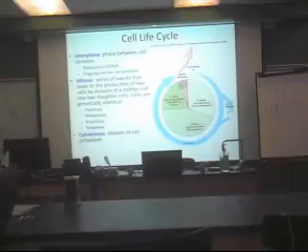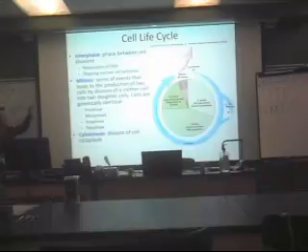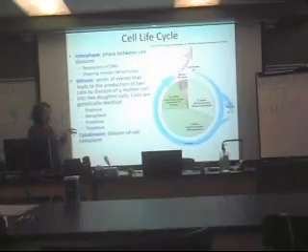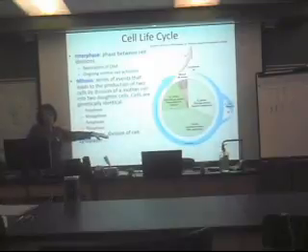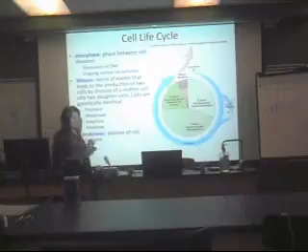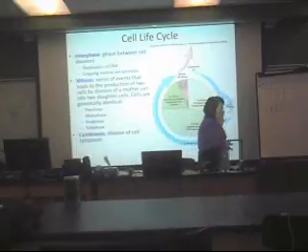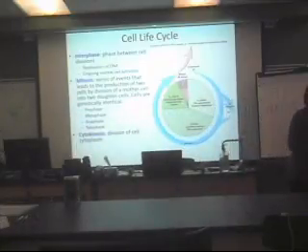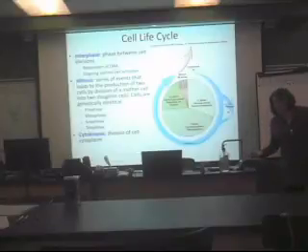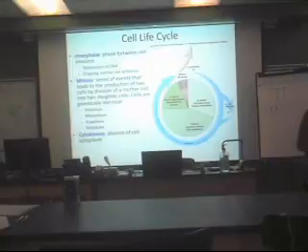Now, the life cycle includes interphase, mitosis, and no, cytokinesis, even though it's important in the life of a cell, is not part of division. But it is division of the cytoplasm.